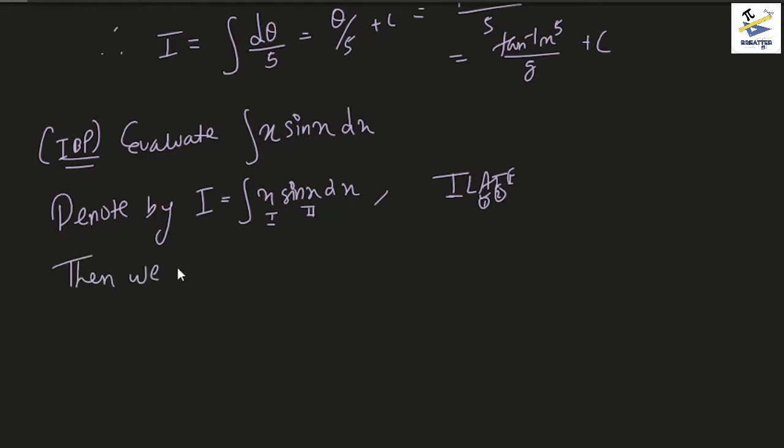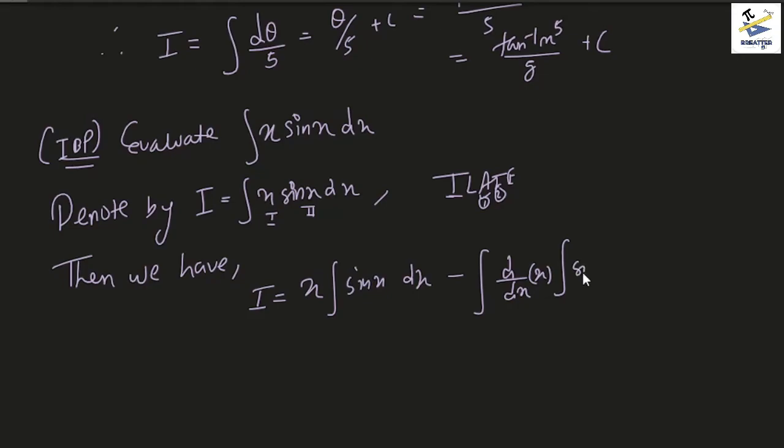Then we have I equals x into the integral of sin x dx, minus the integral of the derivative of x, which is d dx of x, into the integral of sin x dx, and the whole thing is with respect to dx. Now the integral of sin x is minus cos x, so this is minus x cos x, minus the integral of 1 times minus cos x dx, right?